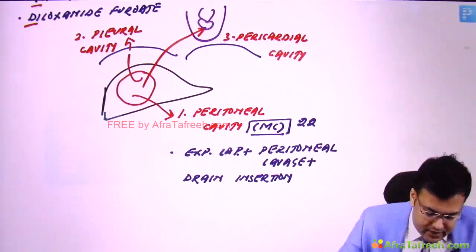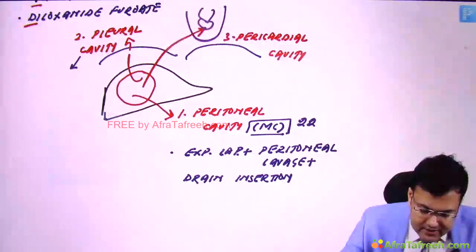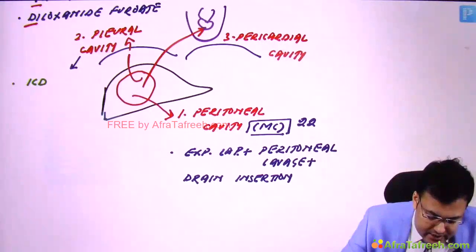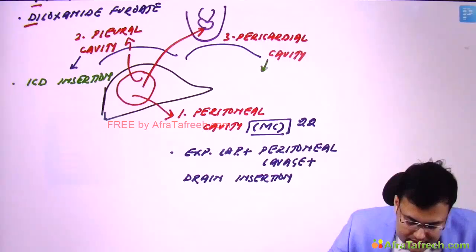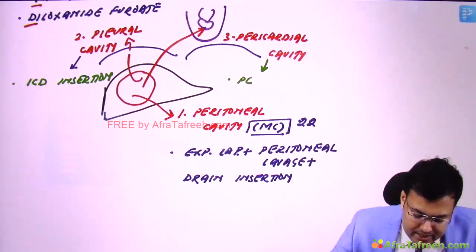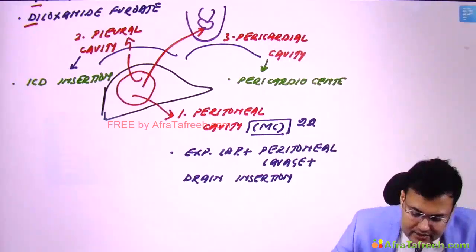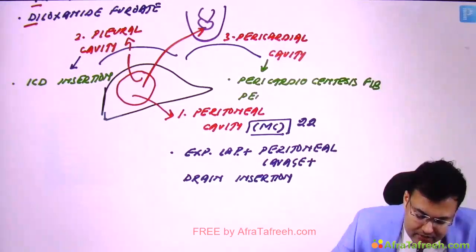Clear? If rupture occurs into the pleural cavity, here we go for ICD insertion, intercostal drain insertion, and if it is into the pericardial cavity, we go for pericardiocentesis followed by pericardiotomy.